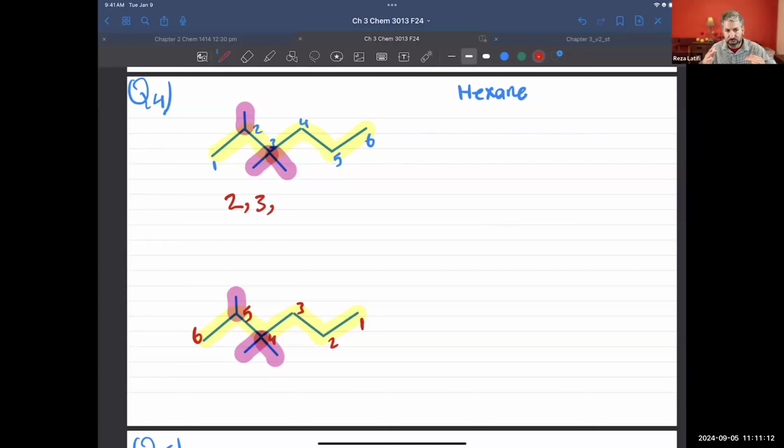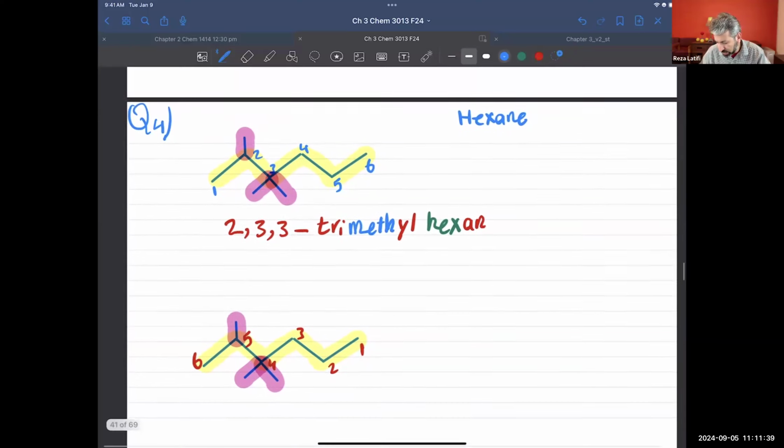Why comma? Because I have 2 methyls on the 3rd carbon. So I get 2, 3, 3, and then I say tri. Why tri? Because I have 3 methyls. Trimethyl. And what's the name of the main chain or parent? Hexane. We got this name for the top one.